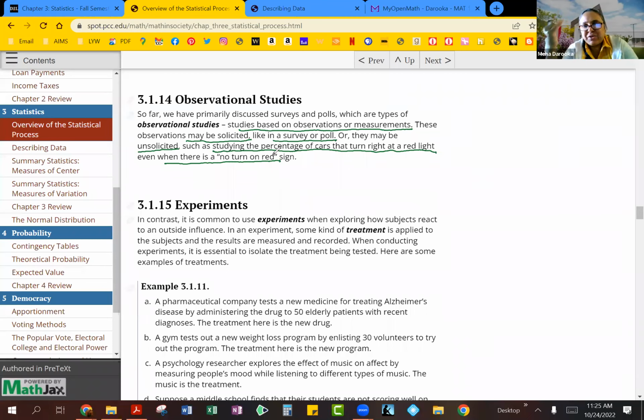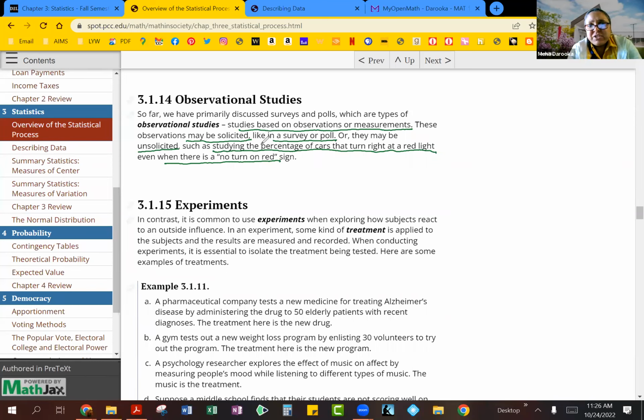As you're imagining, we're not really asking anybody, right? You're just observing. You could be standing at a traffic light and observing how many of these cars are going to turn right when there is a no turn on red sign posted. So you can have two different types of observational studies: where you are specifically requesting the information, so it's solicited, or you are just making observations where you don't need to get information from someone or something.